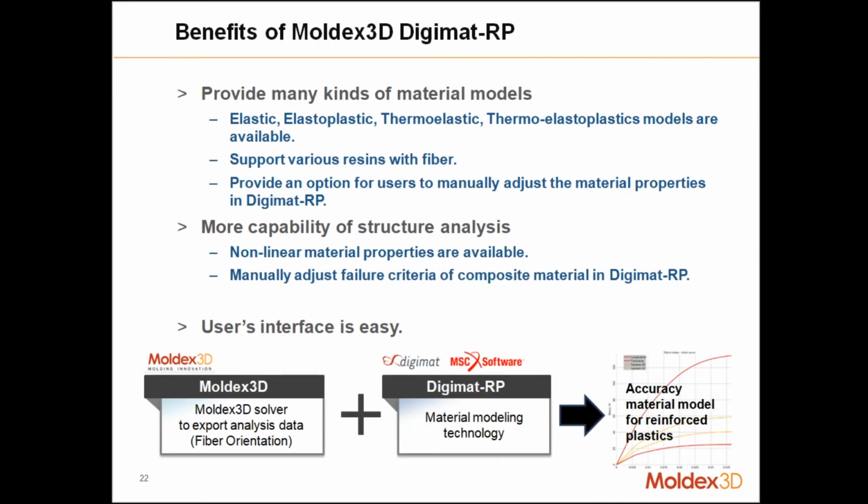And let's take a look at the benefits of Moldex3D Digimat RP. The best thing about Digimat RP is that it includes many kinds of material models: elastic, elastoplastic, thermoelastic, thermoelastoplastic. They are all available in Digimat RP.